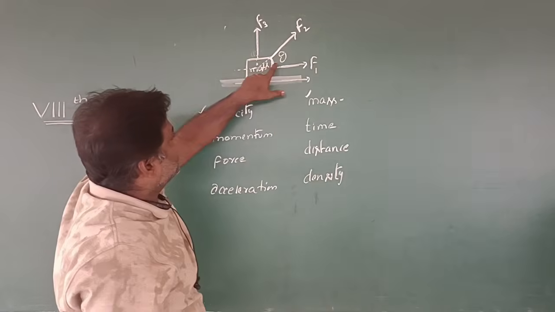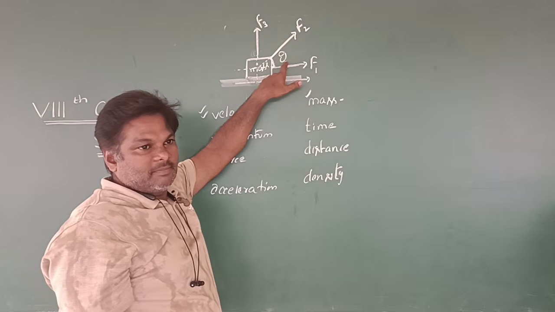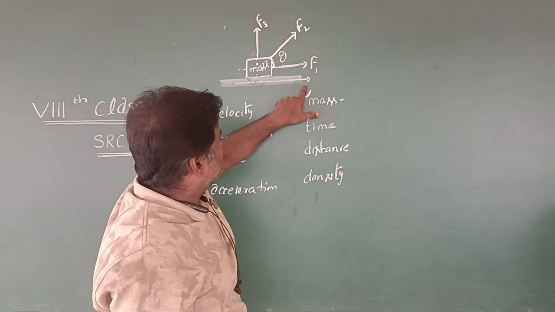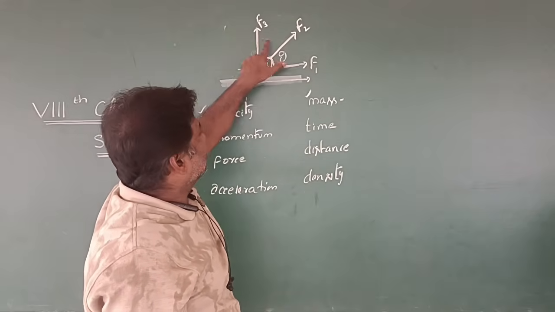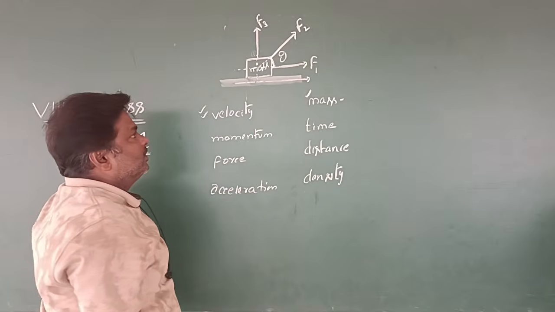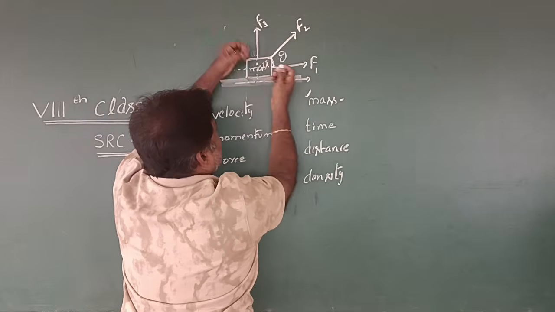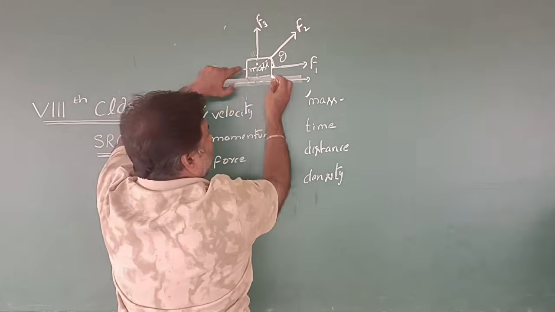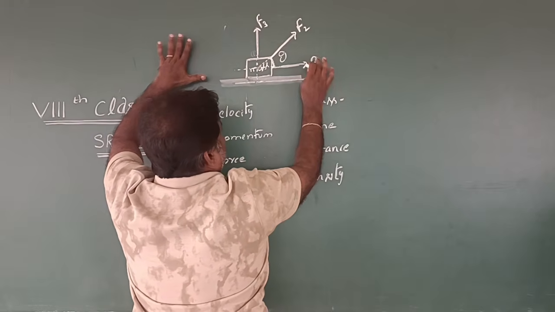F2 is directed not along the floor and not perpendicular to the floor, and it makes an angle theta with the horizontal. So what happened? This F2 is split into two directions: one along F1, the second along F3. Now I will write it like this.